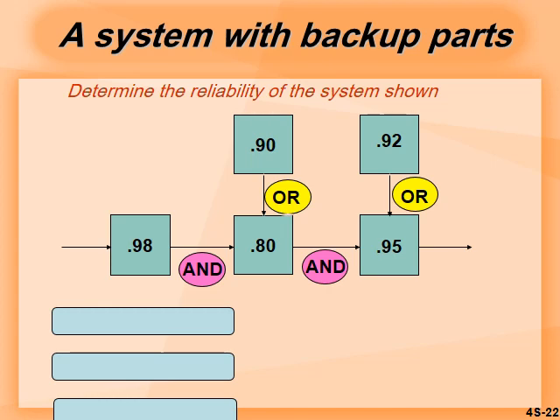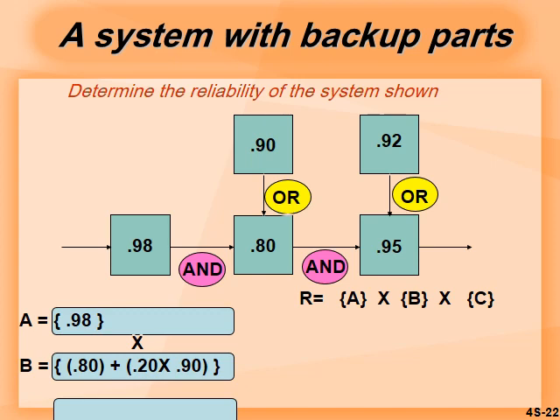Sometimes the givens may be in terms of failure probabilities, not success. It doesn't matter for us. Now we have 3 boxes, 1 for A and 1 for B and 1 for C. Reliability equals A times B times C. A has probability of success 0.98 since it consists of only 1 part, times for B we have 2 brackets, 1 for each box, 1 for the original and 1 for the first backup.